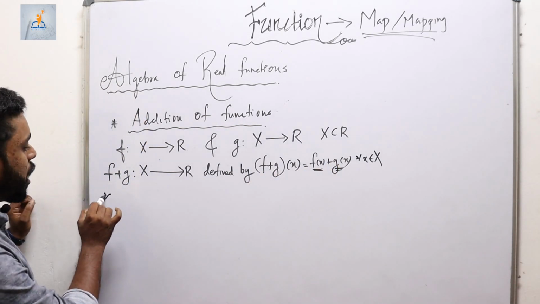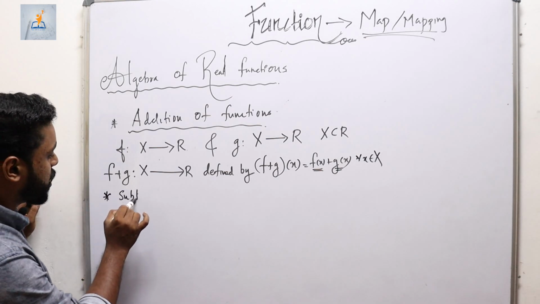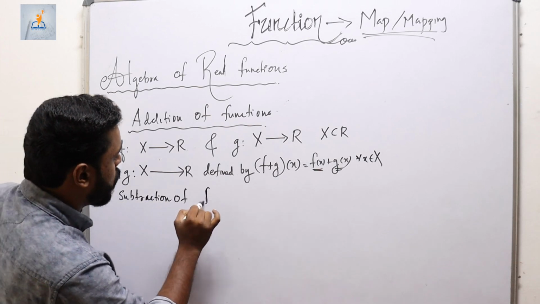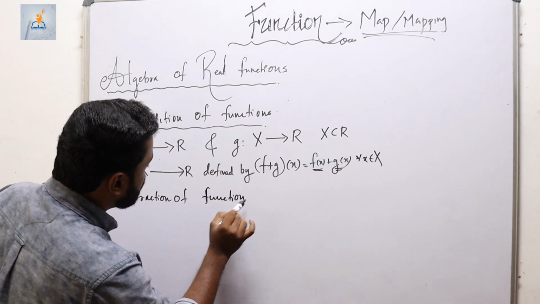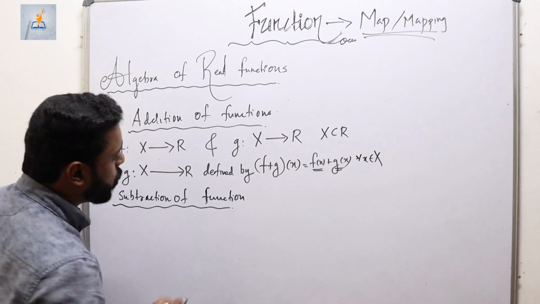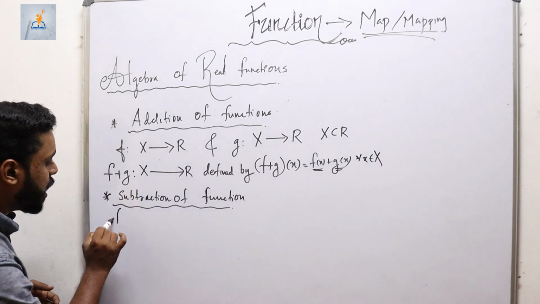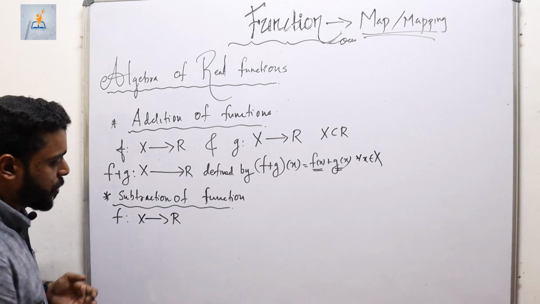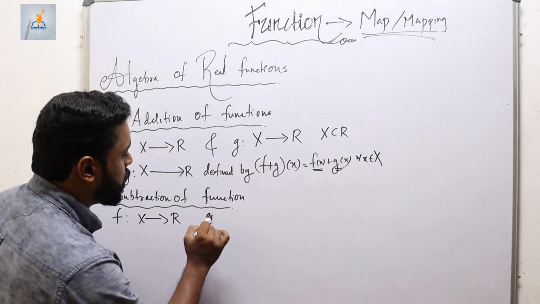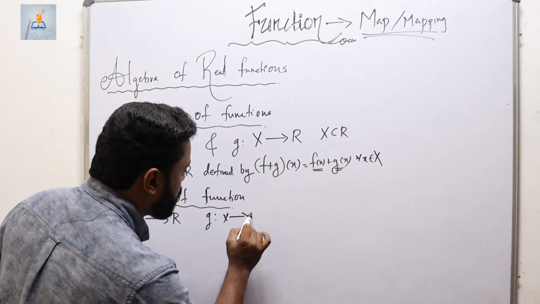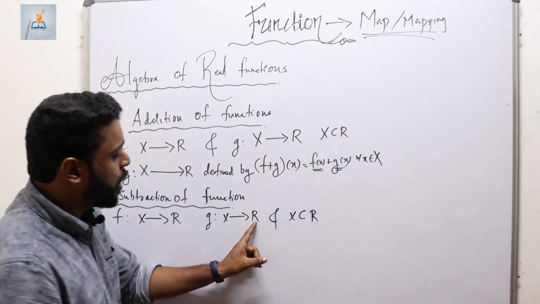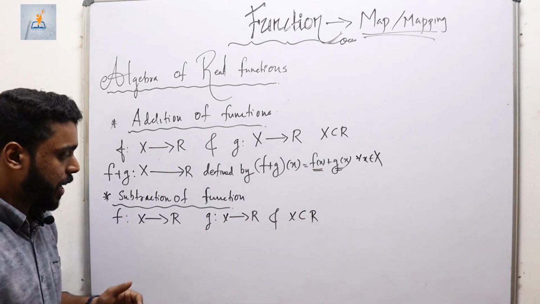Now we shall move to the subtraction of two functions. Whenever we discuss the subtraction of two functions, suppose that f is a function from X to R, just like before, because f is a real valued function, g is also a real function from X to R, and X is a subset of R, which makes the range and domain subsets of real numbers.